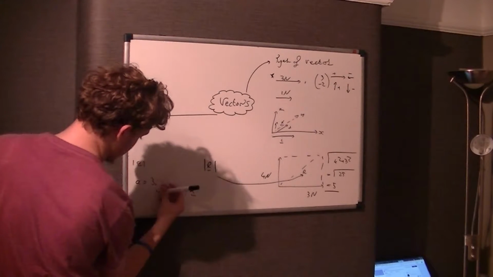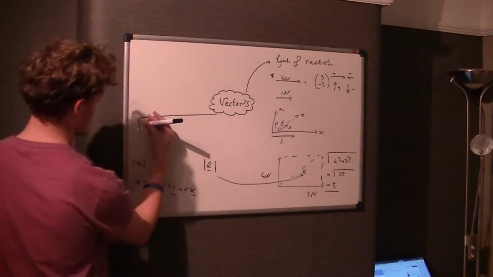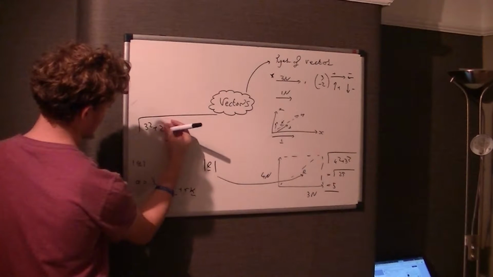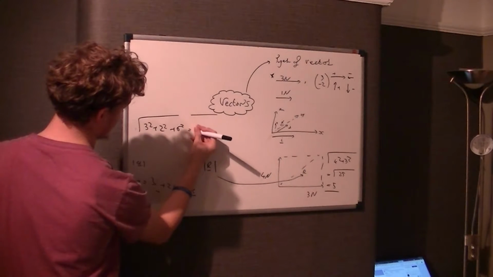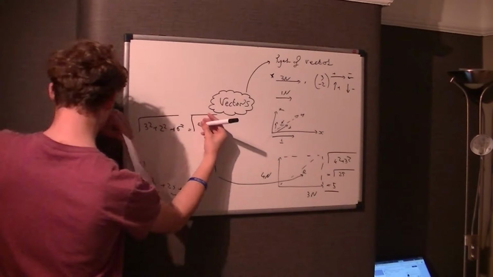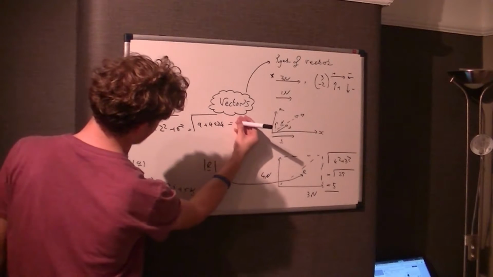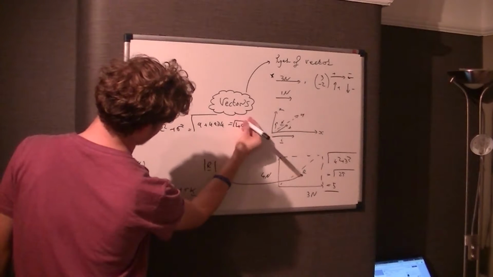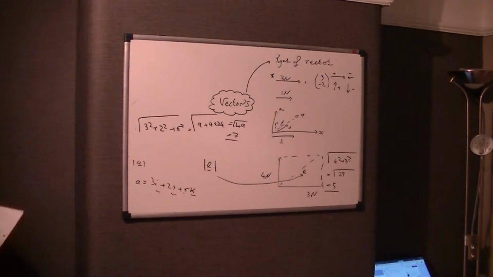Remember, don't forget the squiggly thing. So it's the square root of 3 squared plus 2 squared plus 6 squared, which is the square root of 9 plus 4 plus 36, which is the square root of 49, which is of course 7. Did that in my head, that's pretty good.